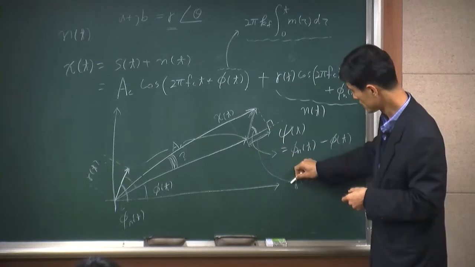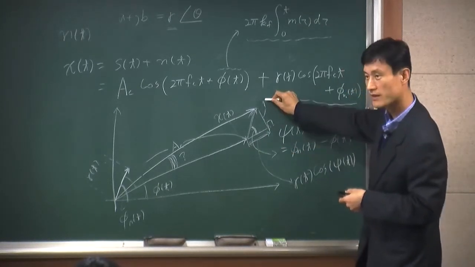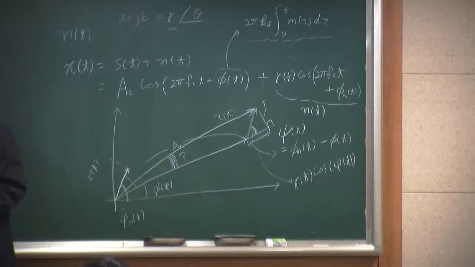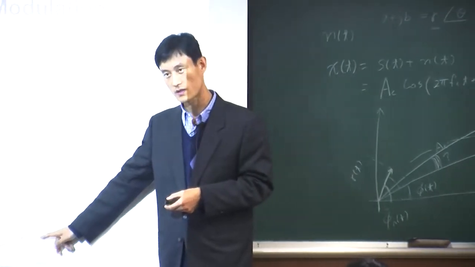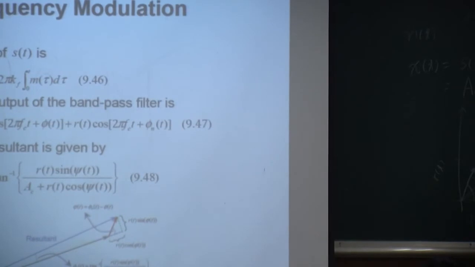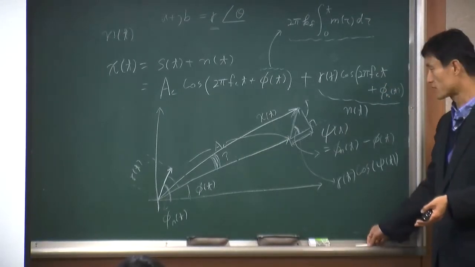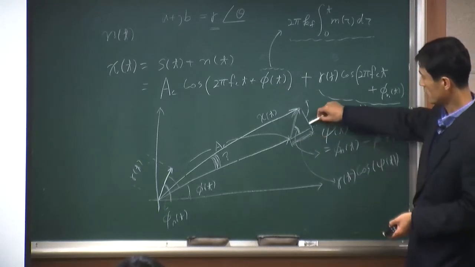And this length is going to be RT times sine psi t. We know that. So now we can find out this angle. Eventually we want to find out this angle, and you can easily calculate that because we know the length of this and we also know the length of this.